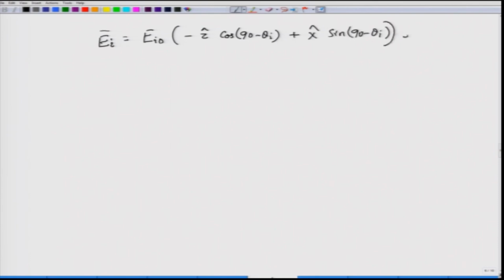You need to now multiply this with the phase factor e to the power minus j Ki dot r, where Ki dot r will be equal to Ki0 times z cos theta I plus x sin theta I. Why?